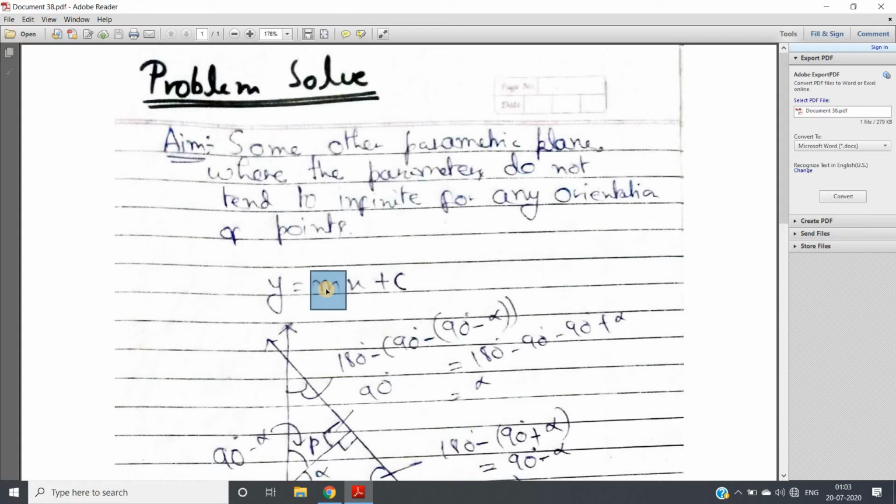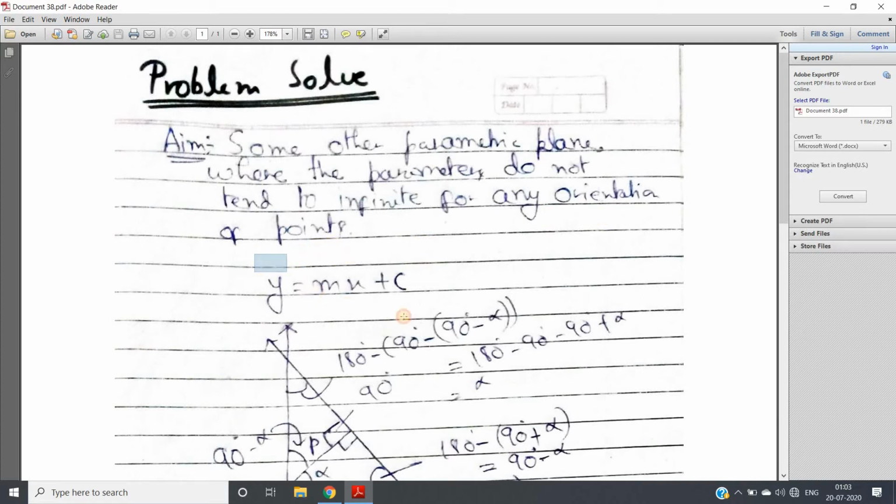So the aim is some other parametric plane where the parameters do not tend to infinite for any orientation of points in my xy plane.